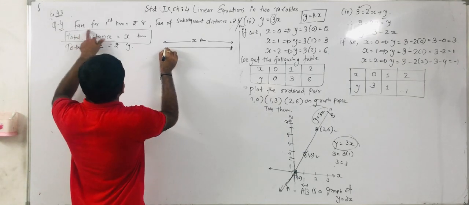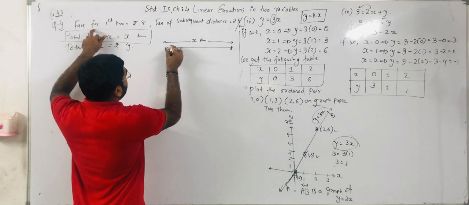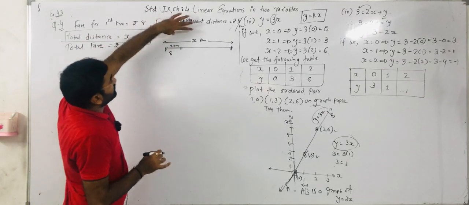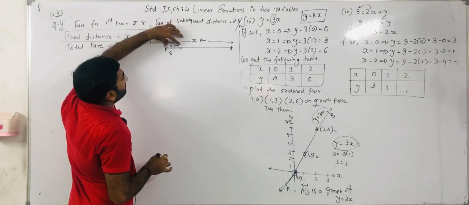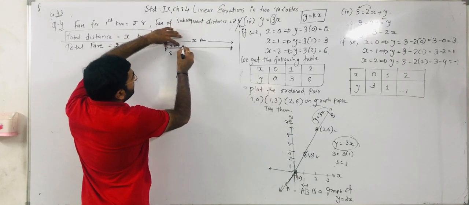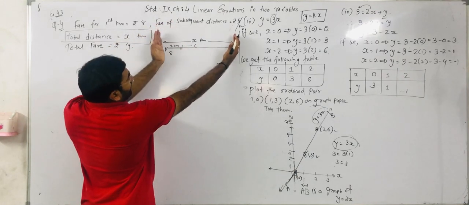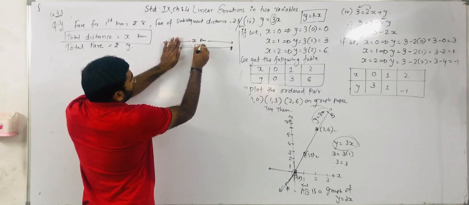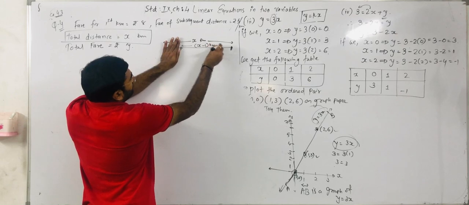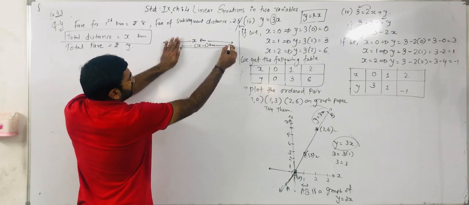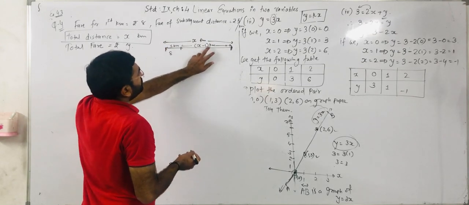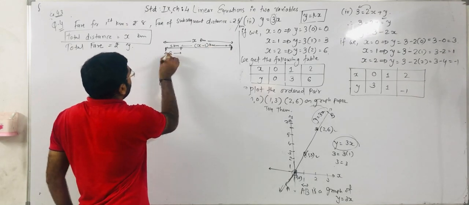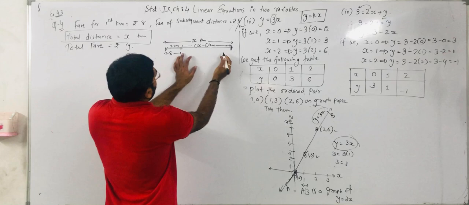As per the question, the fare for the first kilometer is 8 rupees. So the total is x, and from the first kilometer, how much is the remaining distance? From the x distance, if you subtract this 1 kilometer, we get x minus 1 kilometer as the remaining distance. Now x minus 1 is the remaining distance. So its fare is what? This is the first kilometer fare, right?